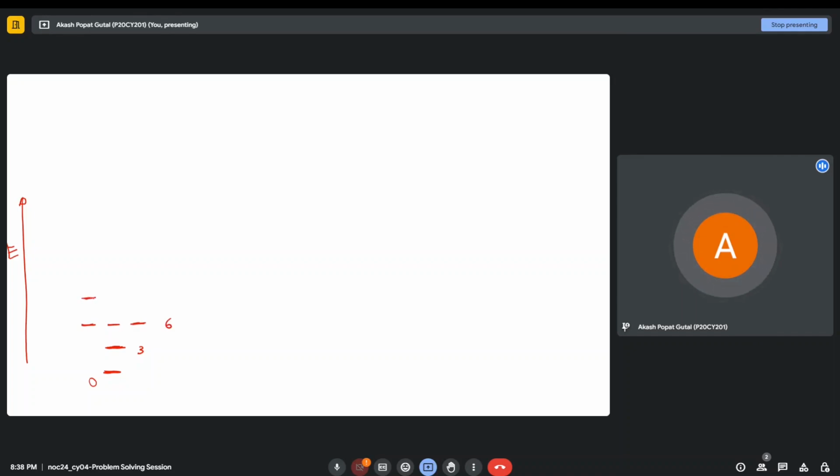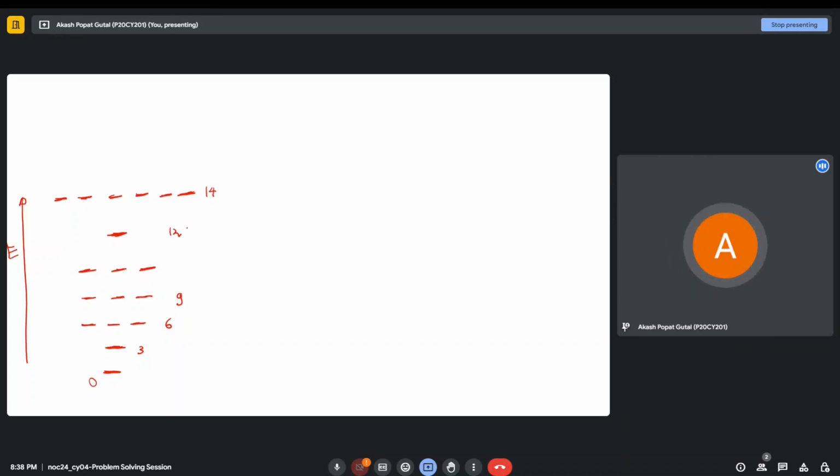Then we have 9 units, then 11, then 12 and 14. Okay, 14 is 6 degenerate, and this is 12.